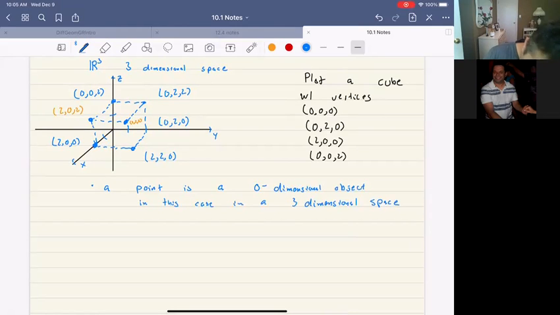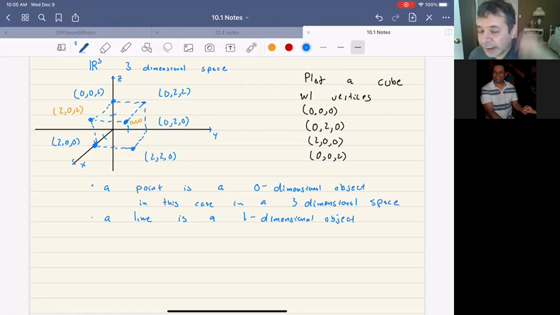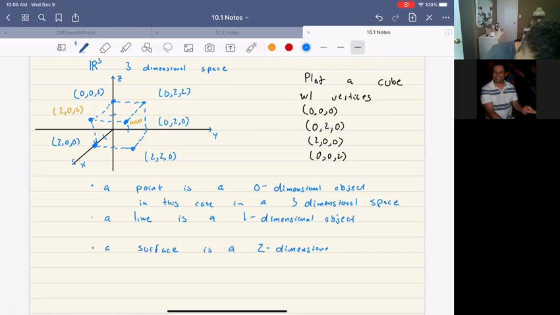A line is a one-dimensional object, again, in this case, living in a three-dimensional space. And then a surface is a two-dimensional object. Again, right now we're talking about a three-dimensional space.